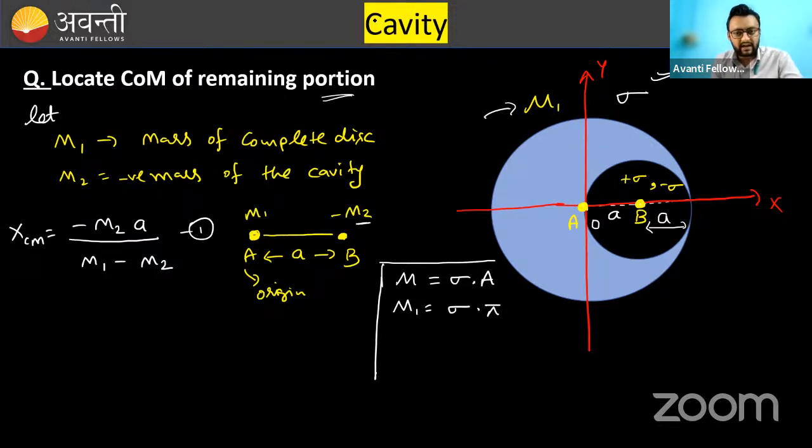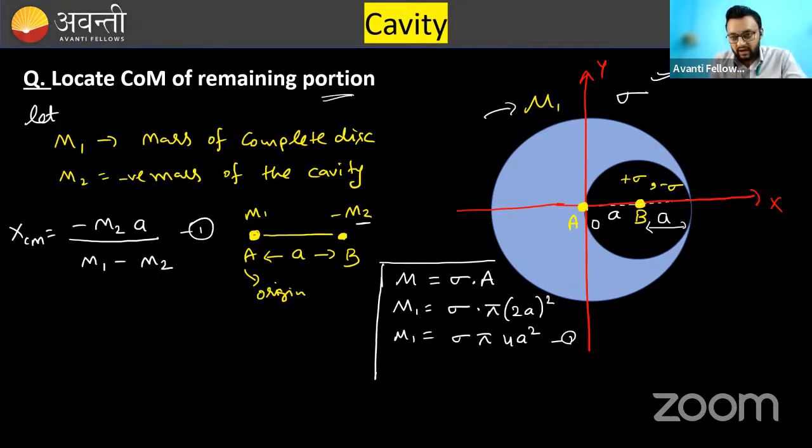So the radius of the larger disk is 2a, and M1 becomes sigma pi 4a square. This is the mass of the larger disk.